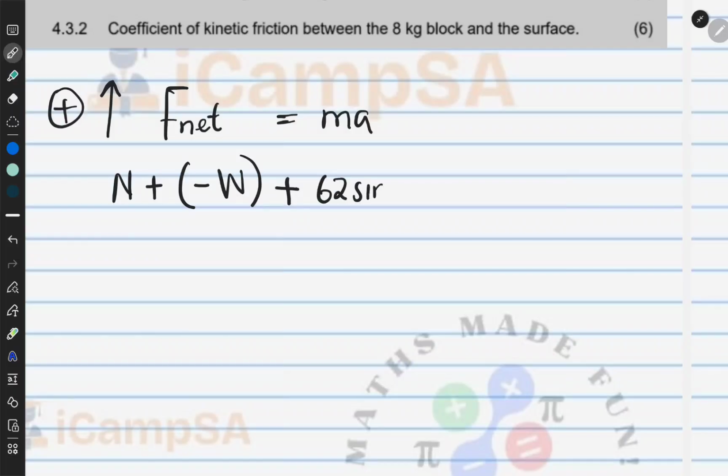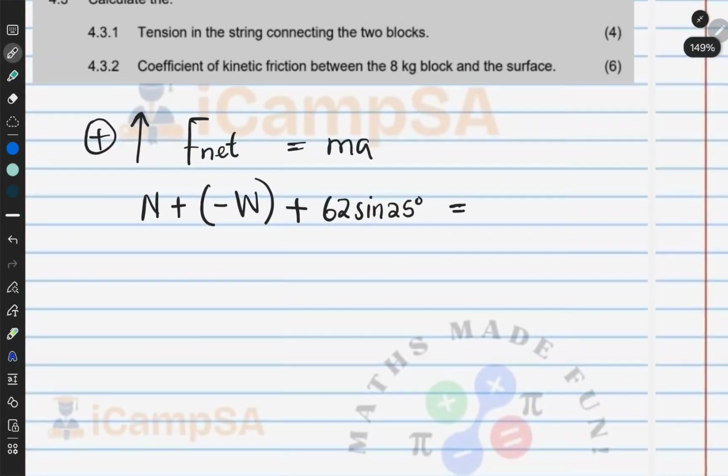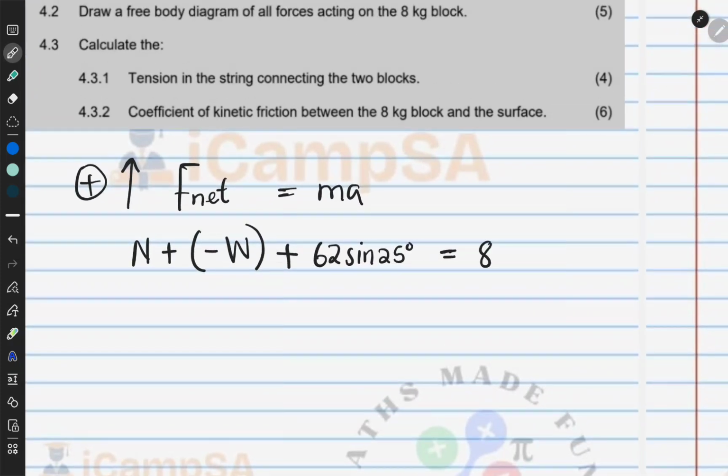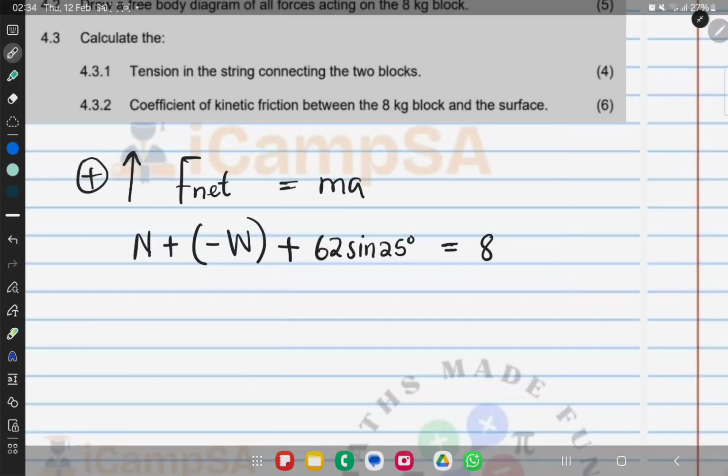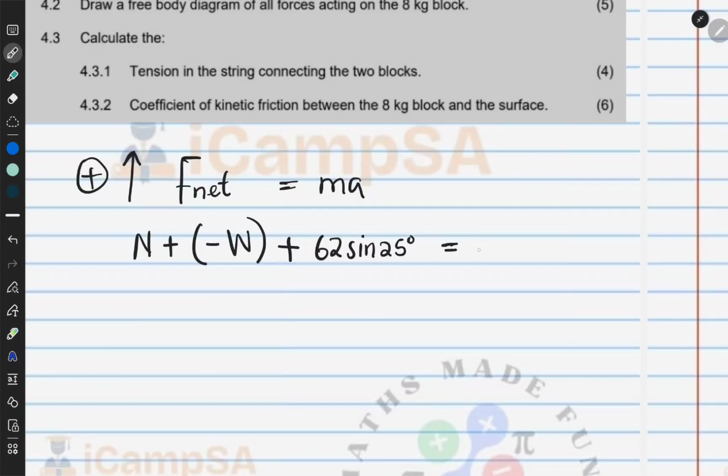Therefore, it'll be 62 sine 25 degrees is equal to, my mass is 8. Okay, I should have just substituted, but it's fine. Let's say ma. And then now we can start substituting.